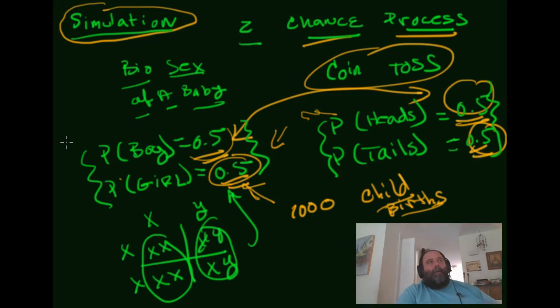Not everything is guaranteed to have a limit, but in a probabilistic situation, a chance process limit should exist like this. So as I do more and more trials, I should get closer and closer to a particular number, which is what we're going to call the actual probability.